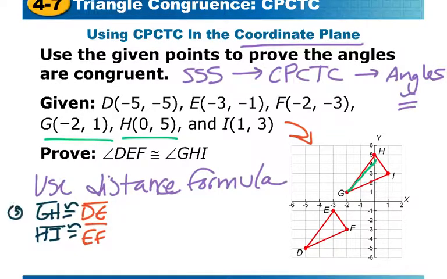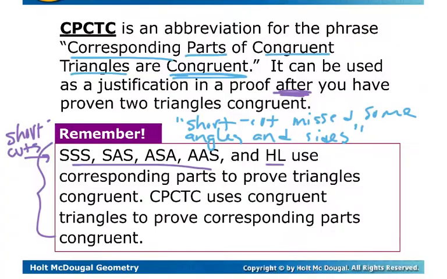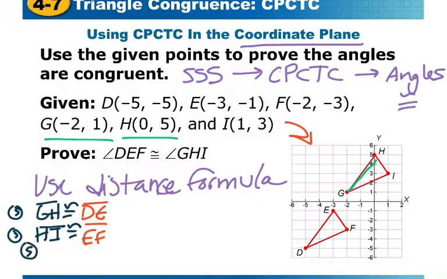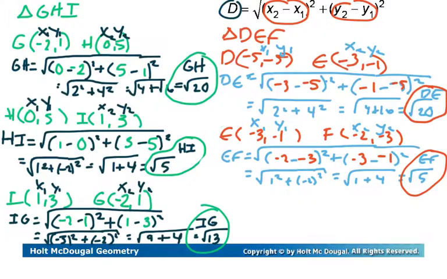And so we have one side, a second side, and so now we need our third side, otherwise we don't have a shortcut. So the next one is going to be the points of F to D. And so F is negative 2, negative 3, and D from before is negative 5, negative 5.